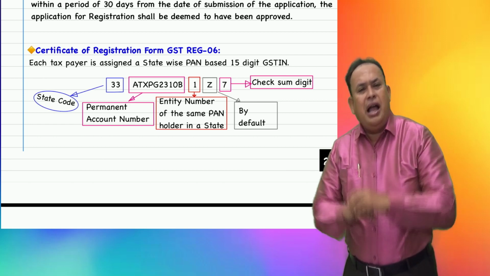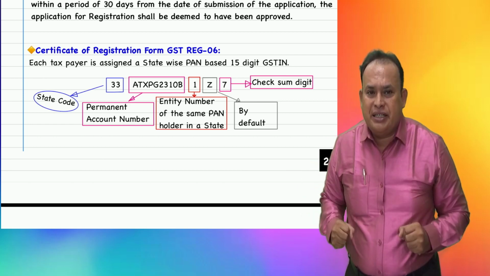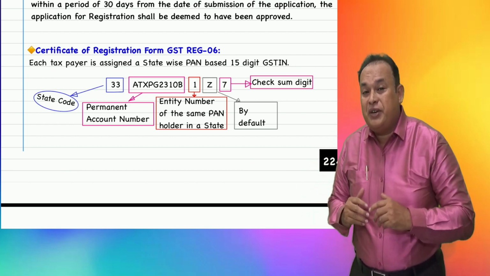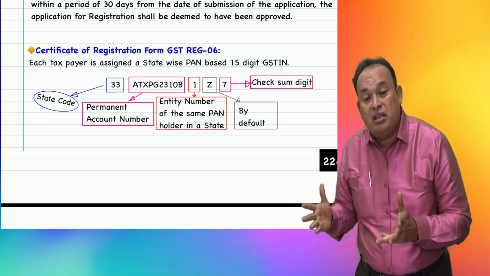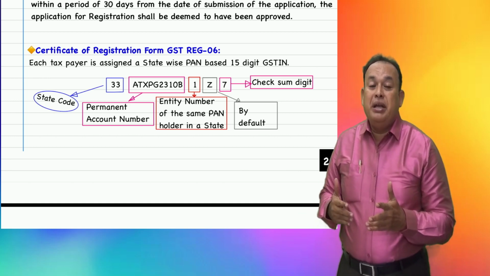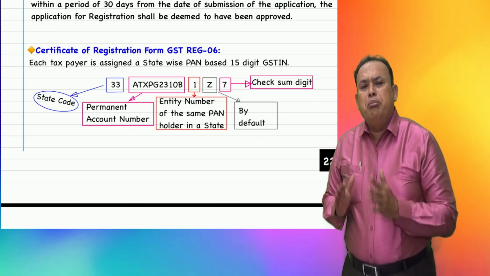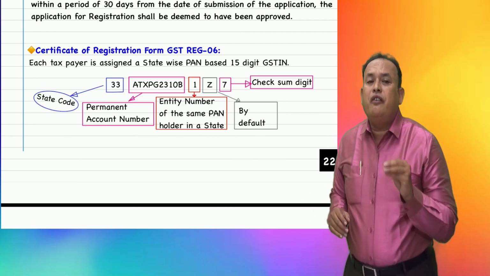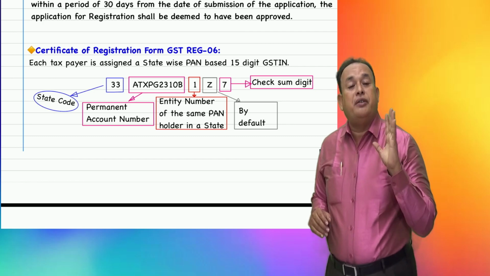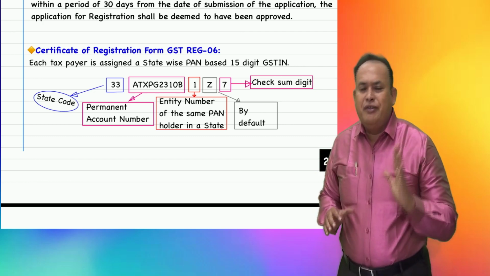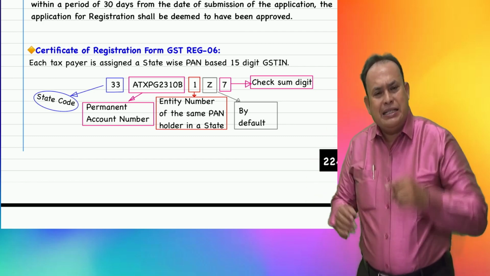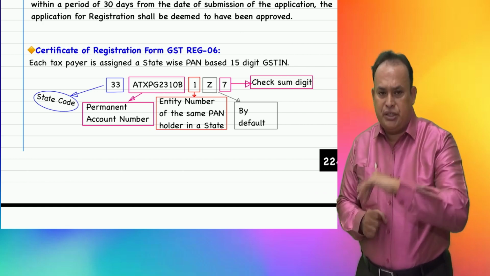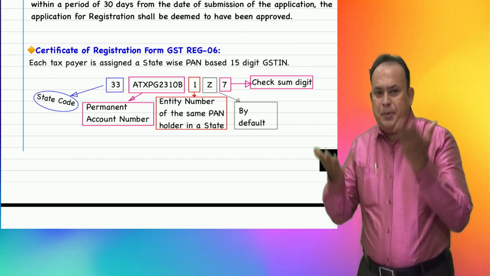Now anyhow, please come back. Sir, I obtained the certificate of registration, but I have not furnished bank details at the time of making the application. Bank details are not required to be submitted at the time of making the application for registration. Even without the bank details, I can skip that and apply for registration.